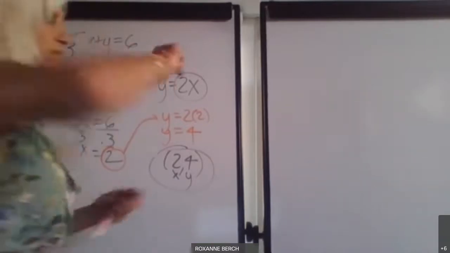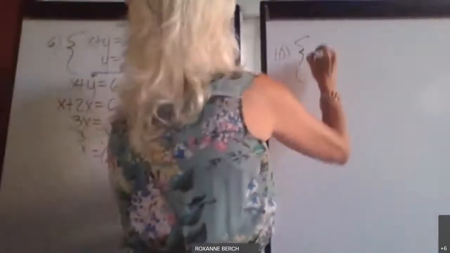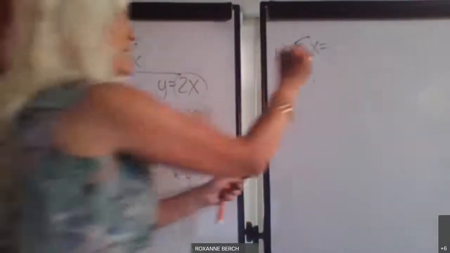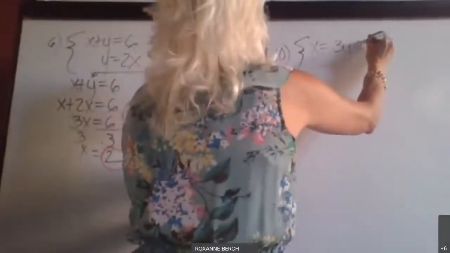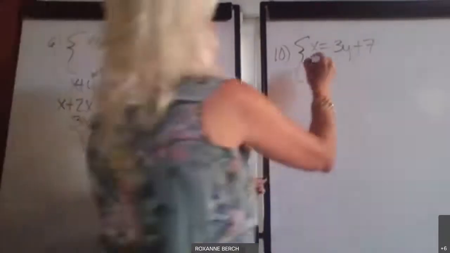Let's do number 10. You're going to solve by substitution. The linear equations are x equals 3y plus 7, and the other one is x equals 2y minus 1.